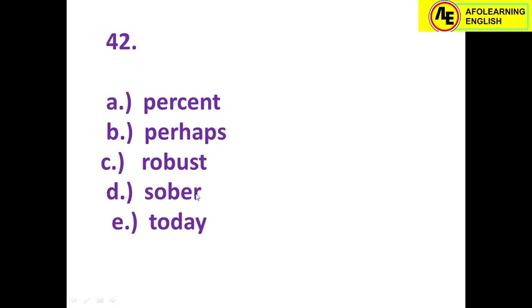It has a different stress pattern. Today, this one also has the primary stress on the second syllable. So the correct answer is option D because it has a different stress pattern. It takes the primary stress on the first syllable, while the other options take the primary stress on the second syllable.